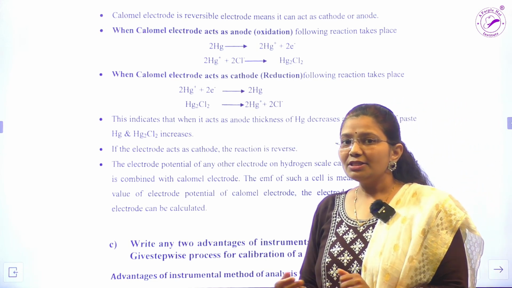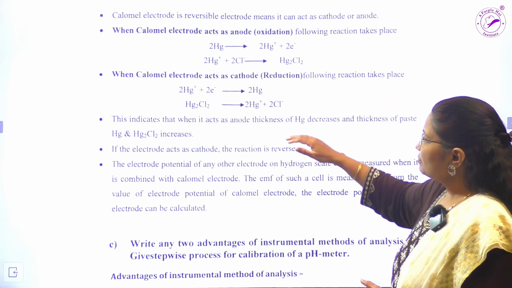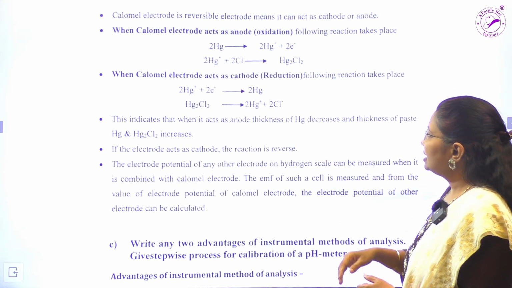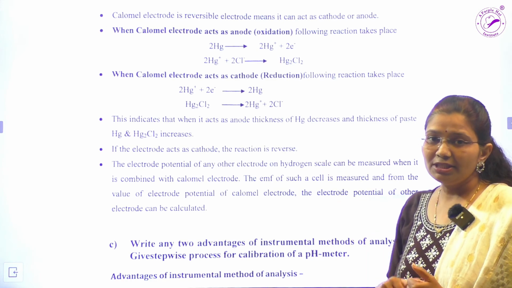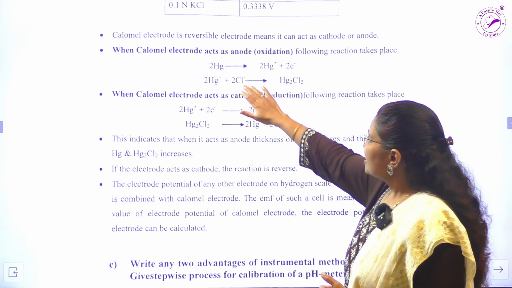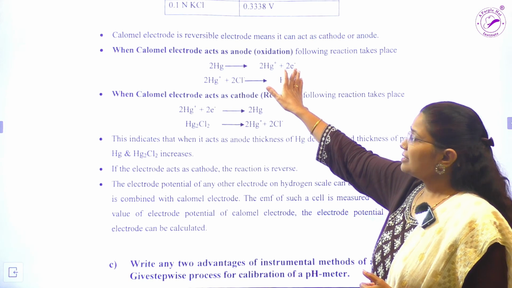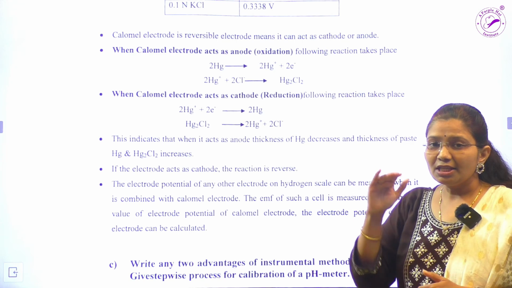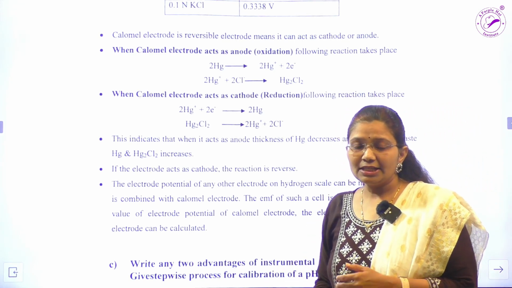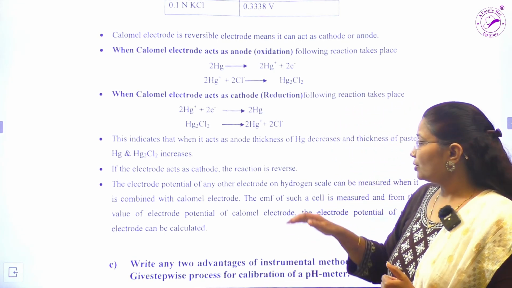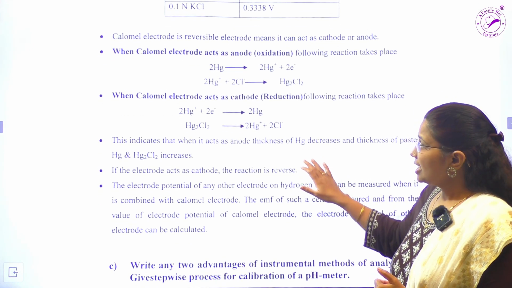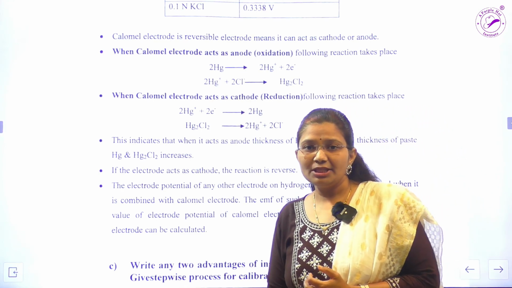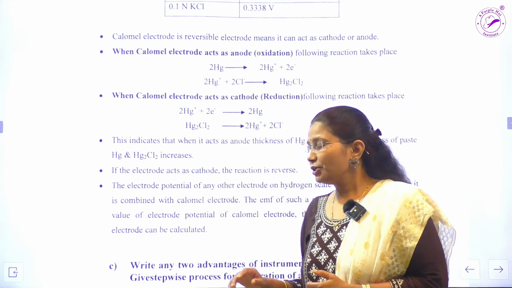So what does it indicate? When the calomel electrode acts as an anode, the thickness of Hg is going to decrease. That means the Hg will lose electrons, and there is a formation of Hg2 plus ions. The thickness of Hg will decrease, and the thickness of the mercurous chloride paste will increase. And when it acts as a cathode, the thickness of the paste will decrease and the thickness of mercury will increase.